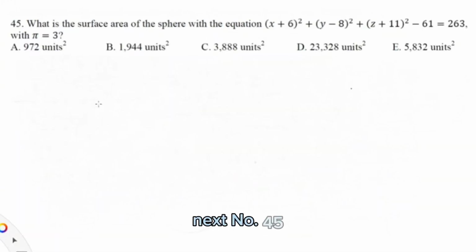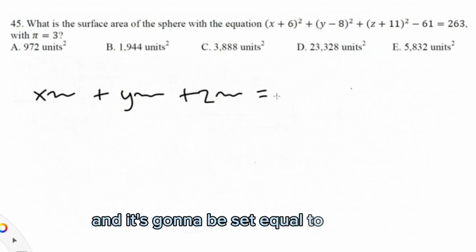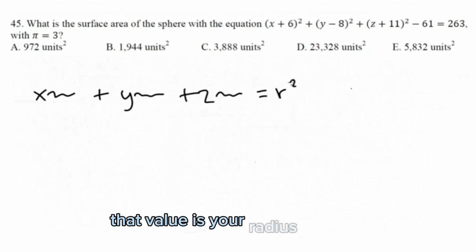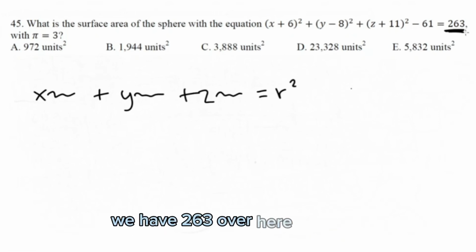Next, number 45. What is the surface area of the sphere with the equation (x plus 6) squared plus (y minus 8) squared plus (z plus 11) squared minus 61 equals 263? Alright, so in a sphere equation, you're going to have your x stuff plus your y stuff plus your z stuff, and it's going to be set equal to a value. That value is your radius squared. So in this case, we have 263 over here.